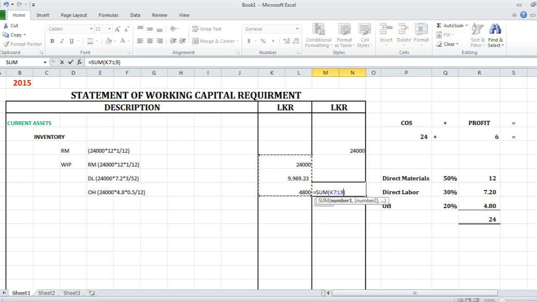So the total work in progress value is 38,769 rupees.